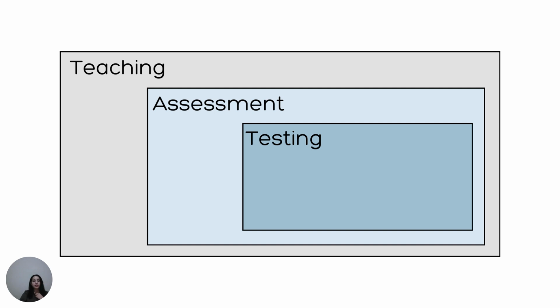Let's look at the correlation and the relationship between teaching, assessment, and testing. Teaching is an umbrella term, and then we have assessment under it and testing at the end. Teaching is the broadest one, going from general to specific. Teaching is everything.